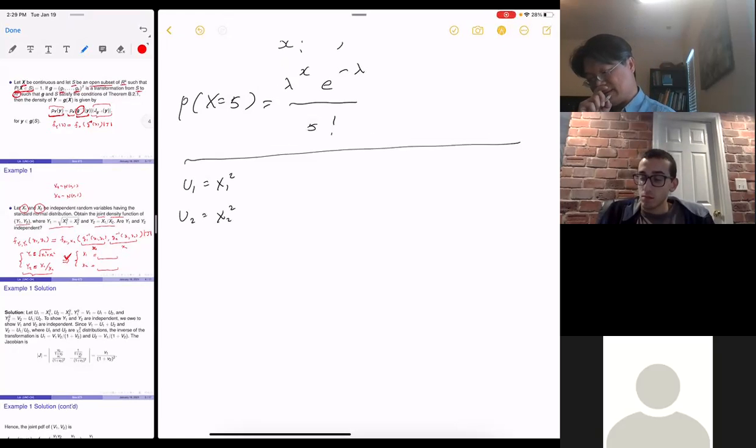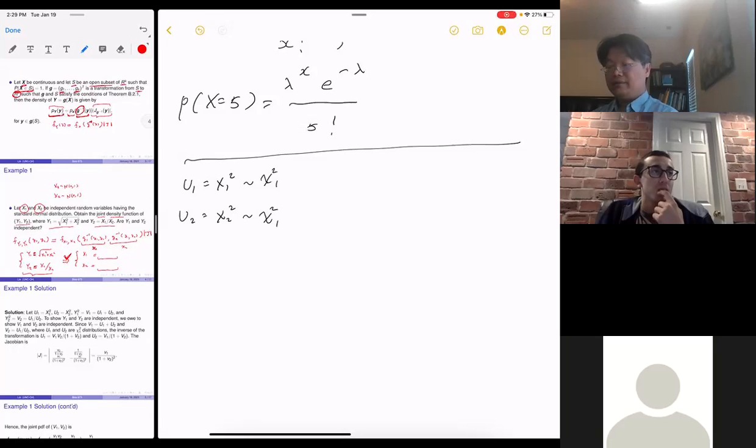First of all, do I know what u1 follows and what u2 follows? Yes, I do know that. We talked about it in 661. If x1, x2 are standard normal, u1 becomes chi-square 1 and u2 becomes chi-square 1.